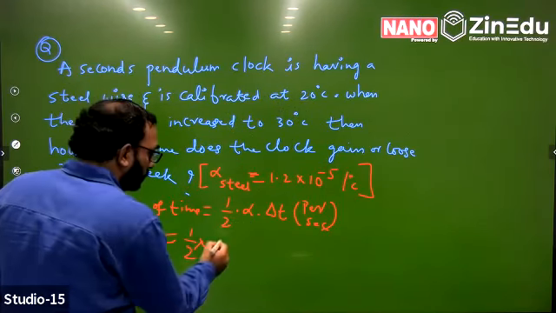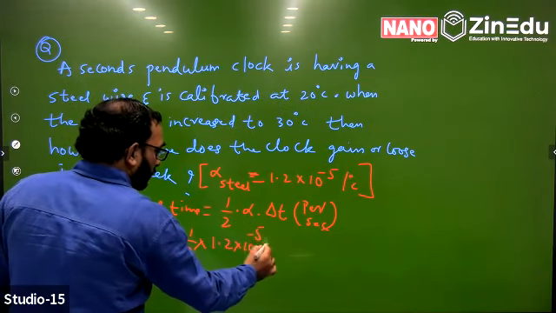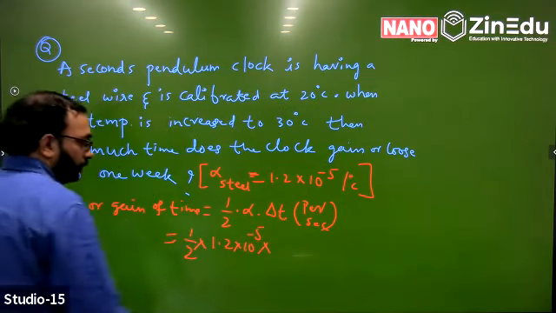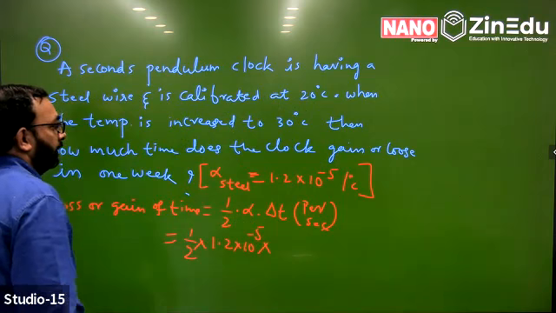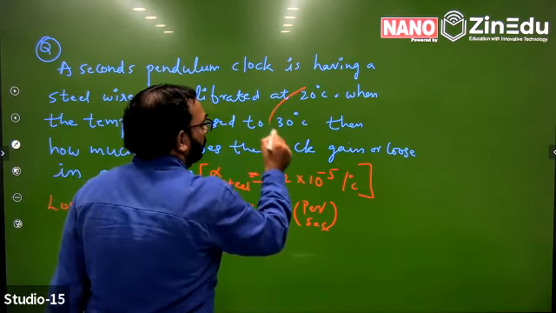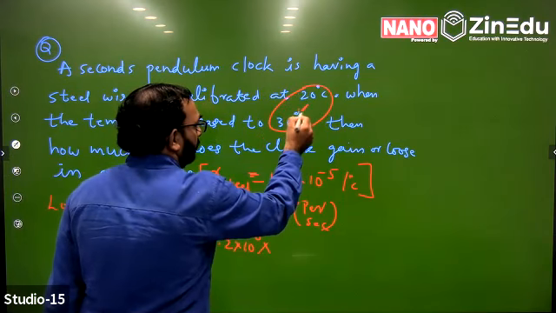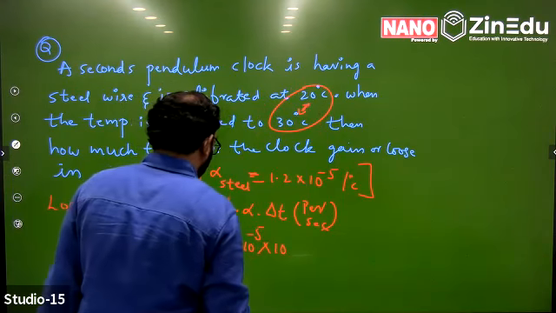Alpha means 1.2 into 10 power minus 5 into delta T. The temperature is increased to 30 degrees Celsius. So 30 minus 20, the temperature difference is 10 degrees Celsius.